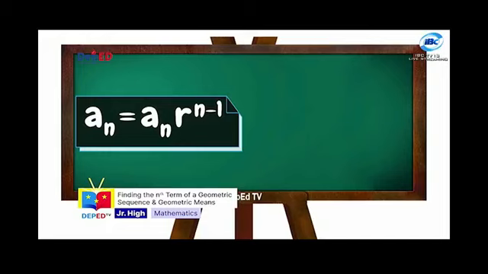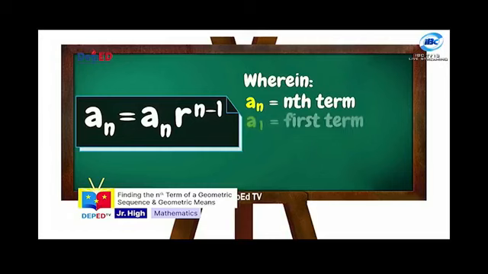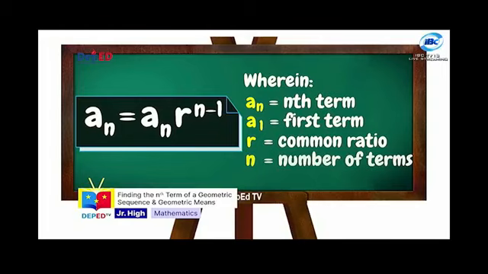Again, the formula for finding the nth term of a geometric sequence is a sub n is equal to a sub 1 times r raised to n minus 1, wherein a sub n is the nth term, a sub 1 is the first term, r is the common ratio, and n is the number of terms.